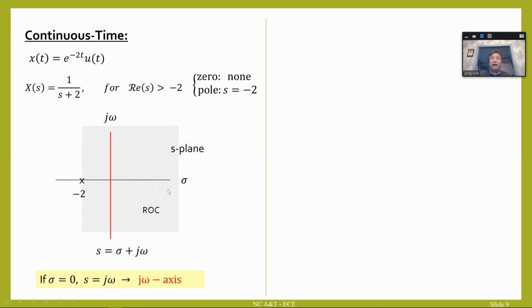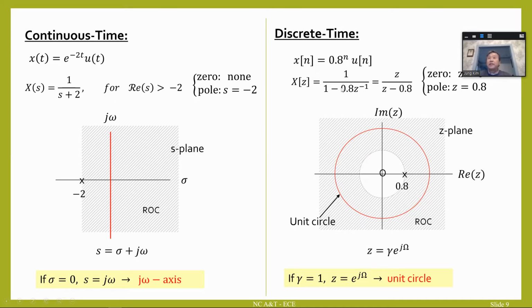It is a very similar way in discrete-time cases. So we take the G transform of 0.8 to the n, u of n. Then the pole is located here, and the region of convergence is outside, the exterior of the circle of 0.8.